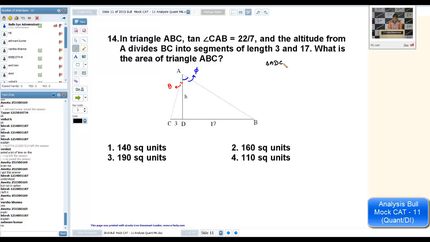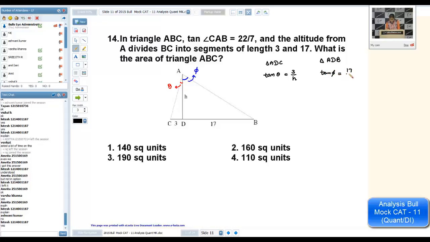If I take triangle ADC, we can say that tangent theta is equal to 3 by h. If I take triangle ADB, I think you must be comfortable in these tangent things. Tangent phi is given as 17 by h.